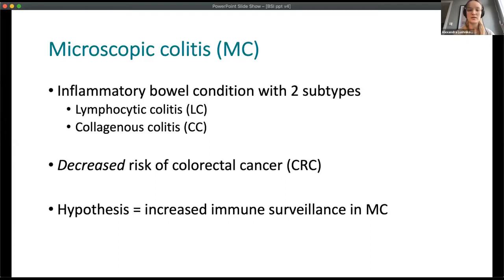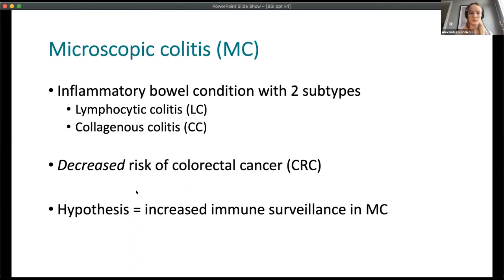So a major reason why we wanted to do this study was to further examine the immune response in microscopic colitis patients. And this is why we looked at, among other molecules, immune checkpoints, which are the regulators of the immune system. Previous studies have also shown that in microscopic colitis, it is the CD8 positive T cells that are dominant, whereas in Crohn's disease and ulcerative colitis, the CD4 positive T cells are the ones that dominate in the immune response.